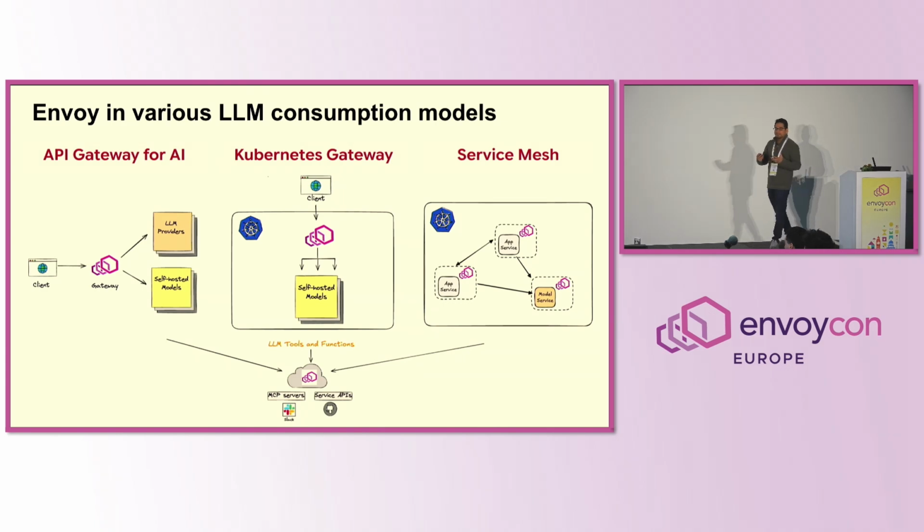And then the other pattern we see emerging quite a bit is that you don't just have clients or service applications connecting to LLMs, but now LLMs calling out to tools or even things like MCP servers. Now that Anthropic has come up with a standardized way to allow third parties or applications to expose their services to LLMs, we see a lot of these egress deployment patterns from LLMs to third-party tools and services.